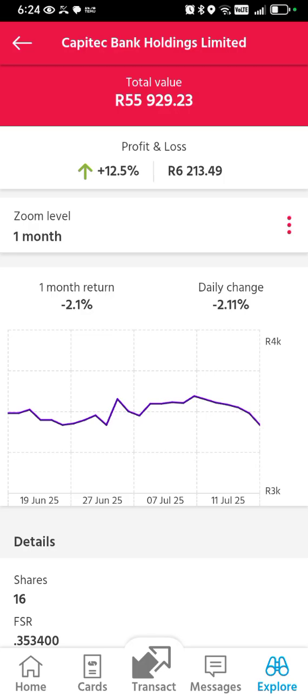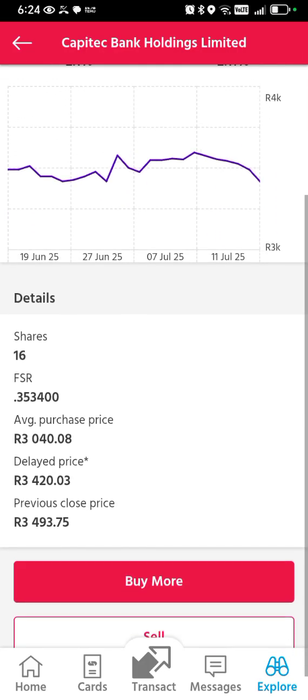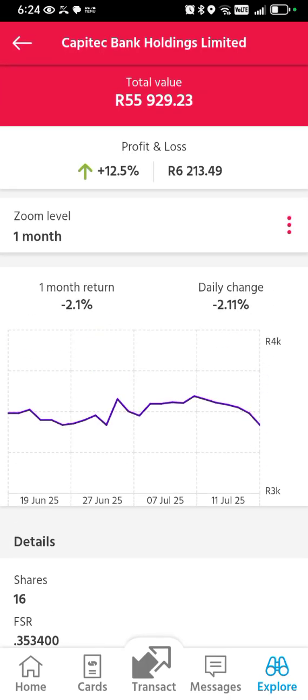So most of the profit is coming from Capitec with a 12% increase growth rate. Which means if you invest in good companies that keep on increasing, if you trust the company and you find it, then you invest in it, then things will work out for you.